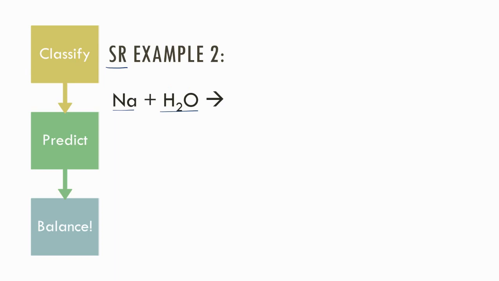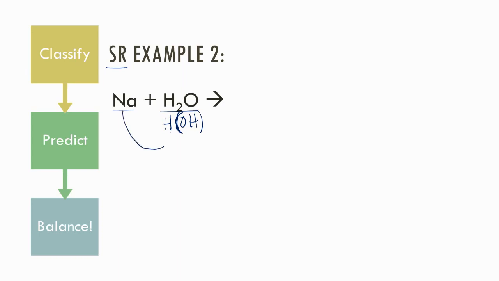So we need to actually reformulate water and write it in a different way so that it looks more like an ionic compound. So the way we do that is we write it as hydrogen hydroxide. Okay, we still have two H's and an O, but now it looks more like hydrogen bonded to hydroxide. So this is a little bit more clear now to be able to rewrite the products.